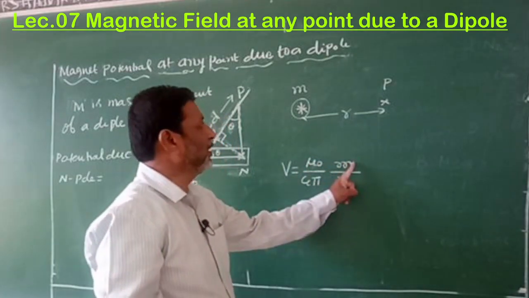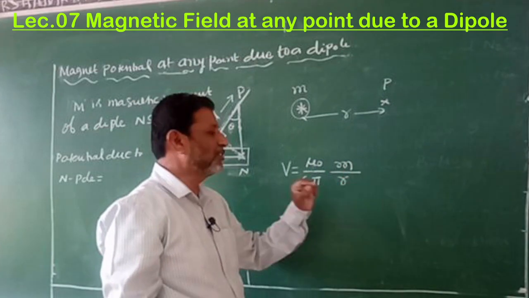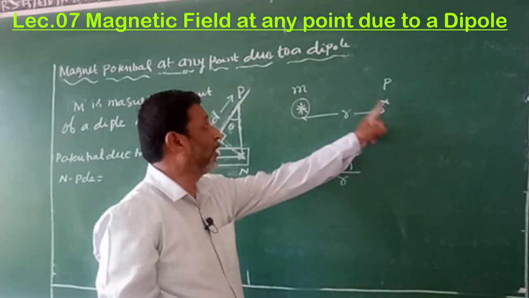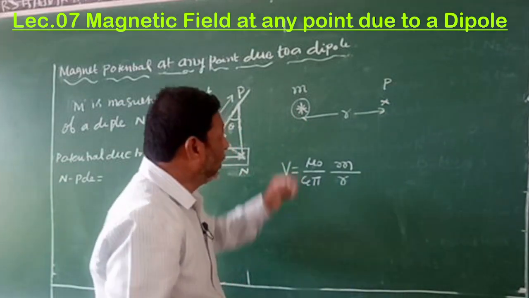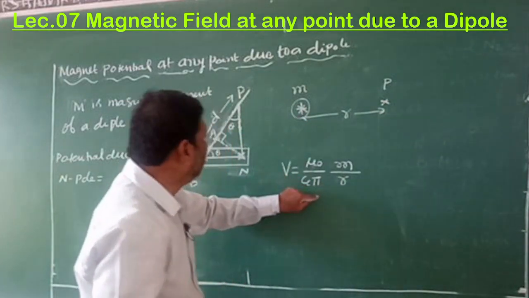Then m is nothing but the pole strength, and r is what? It is the distance of the point from the magnetic pole, isn't it? Now let us apply this formula in this case.